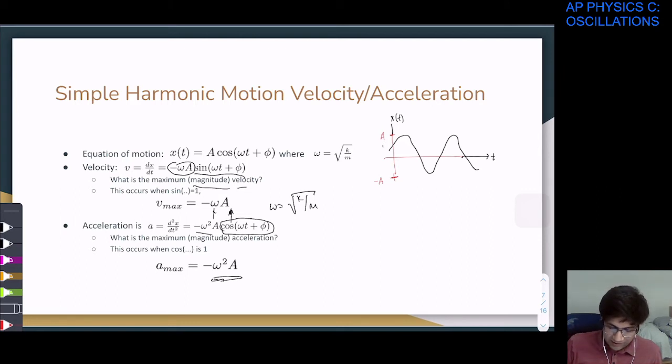You can play with k, m, and A. But then if you set k and m a certain way, your acceleration is going to change too, because it's not omega now, but omega squared. So this would actually be minus k over m times A. So there's a lot of different things you can play around with here.